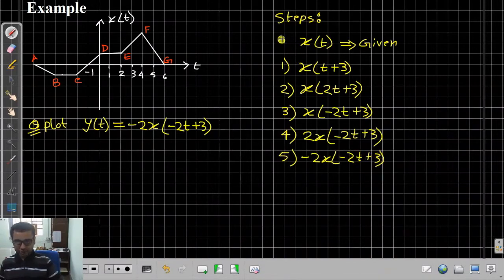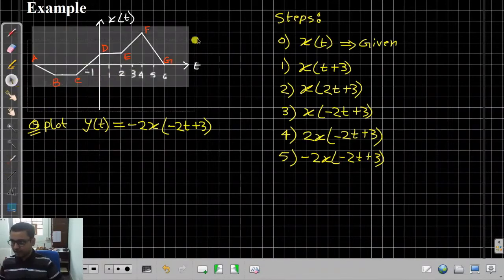We shall start with this and plot these graphs one by one. Let us see. Okay, so let me copy this graph.